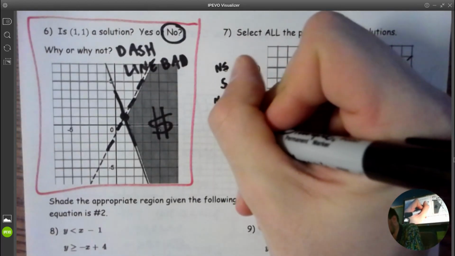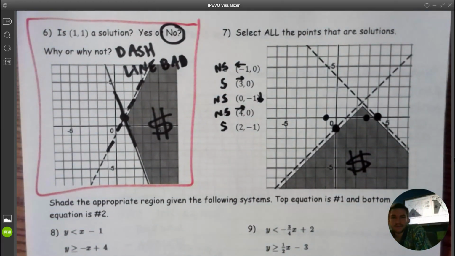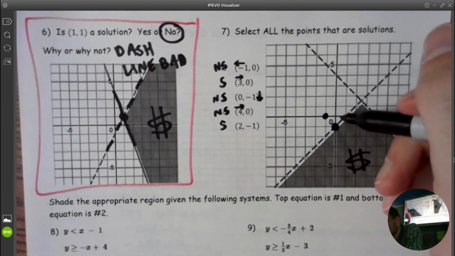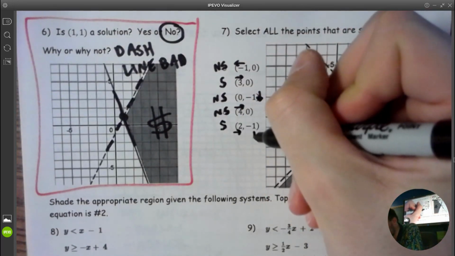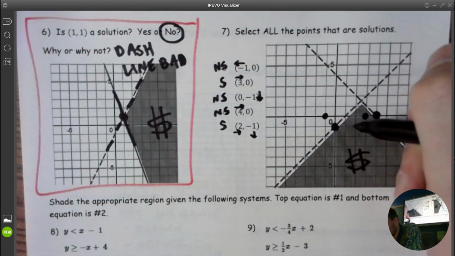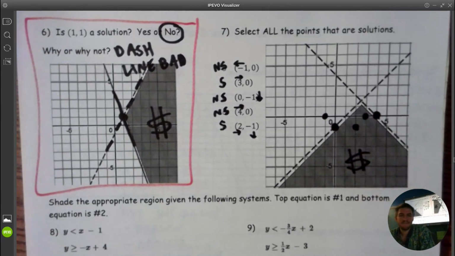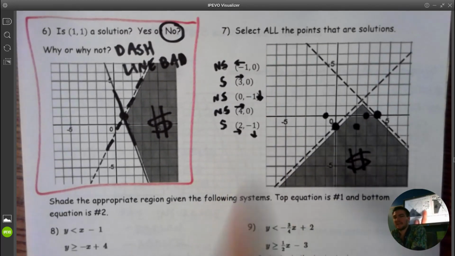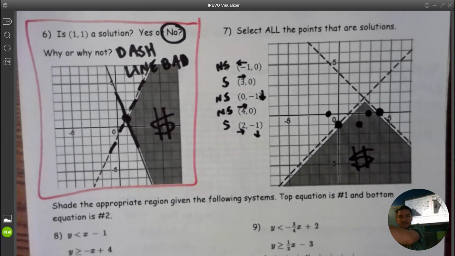Heard somebody say it, and they're correct. Solution. 2, -1 means go right 2, down 1. That puts me right here, firmly in the positive side. There's definitely questions like this on the test where you have to determine if they're solutions or not.